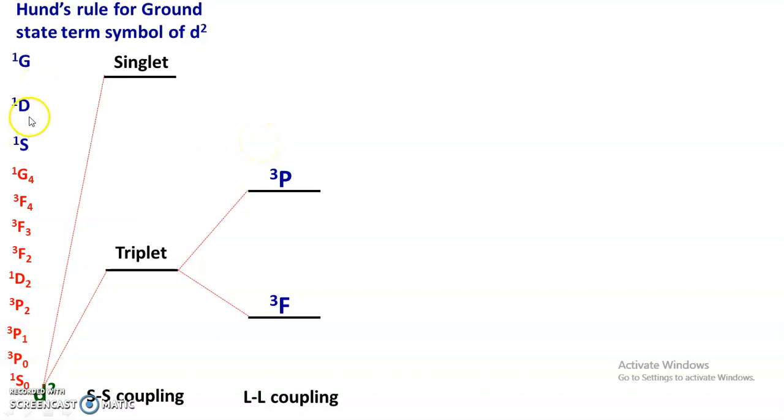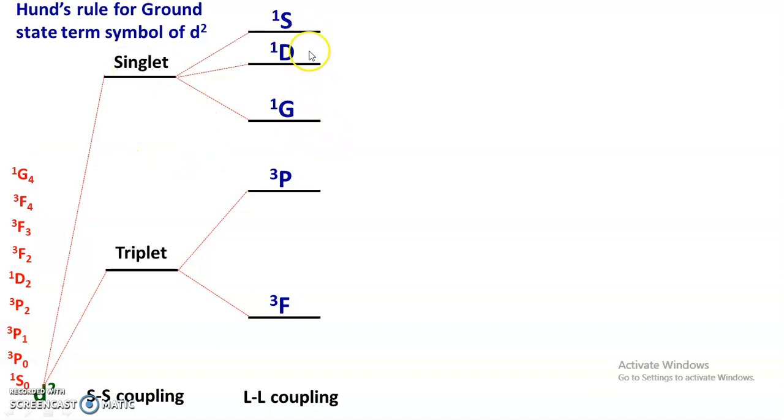Out of S, D and G, the G term has the highest L value, then D and then S. Therefore the three singlets are 1G, 1D and 1S. In this way these are the terms arranged as per the energy difference. The 3F term has the lowest energy and the 1S term will have the highest energy. So this is as per the LL coupling.